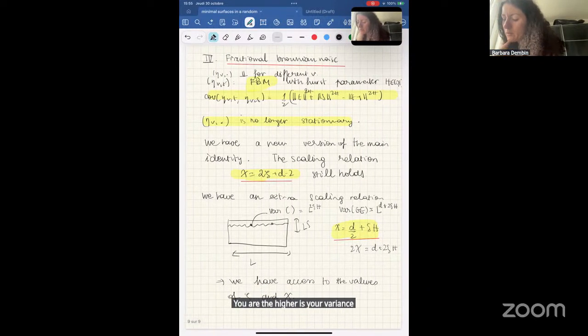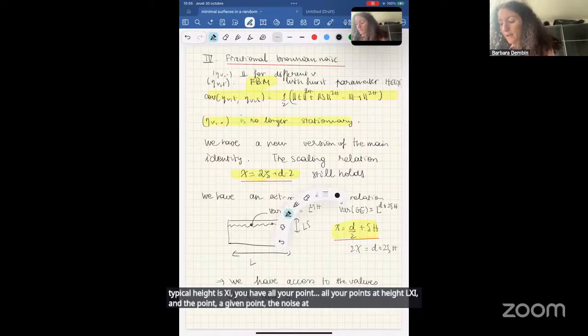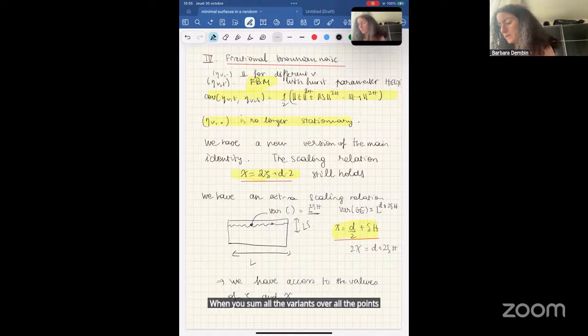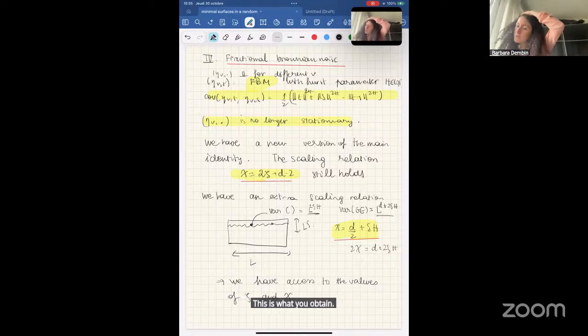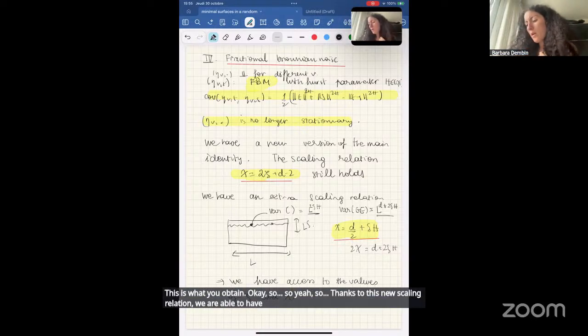And since typically, when your typical height is L to the xi, you have all your points at height L to the xi, and at a given point the noise at that height has this variance, when you sum all the variance over all the points of the surface, this is what you obtain. Okay, so thanks to this new scaling relation, we are able to get all the exponents. So I'll stop here. Thanks.